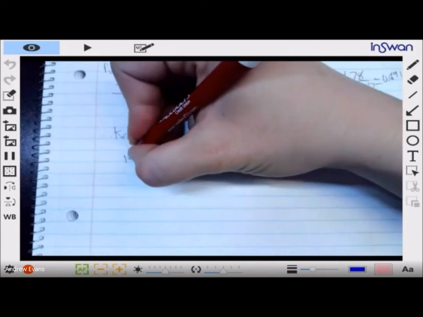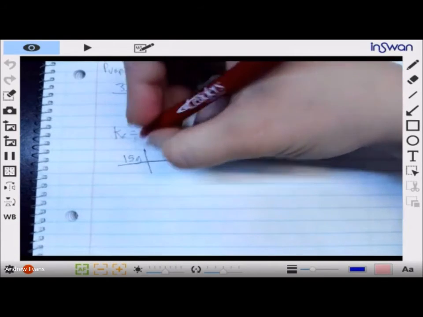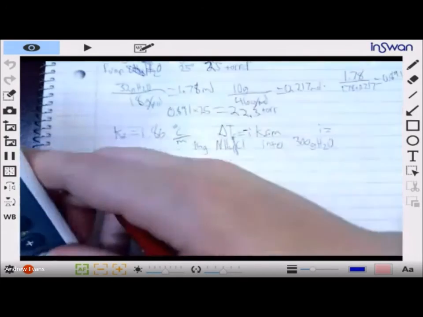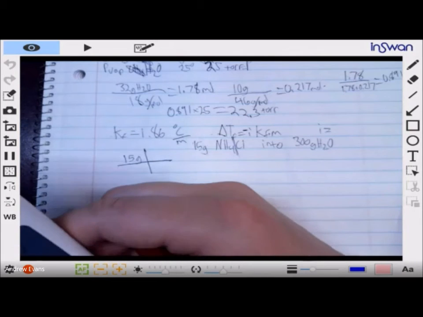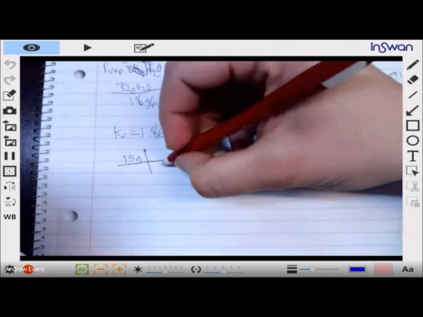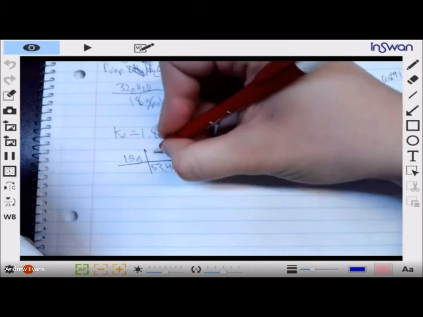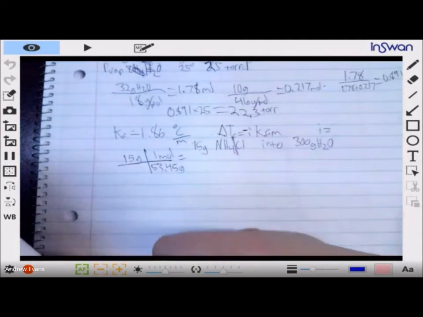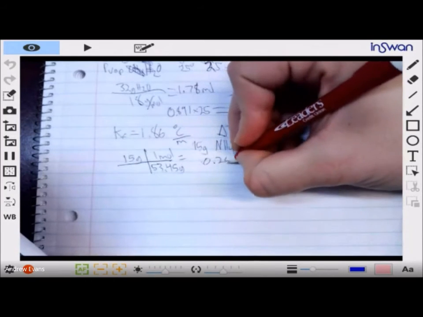So molality is moles over kilograms, so we're going to turn the 15 grams into moles. The molar mass, 14 for nitrogen, 4 for the 4 hydrogens, and 35.45 for the chlorine. So 15 divided by 53.45, 0.28 moles.